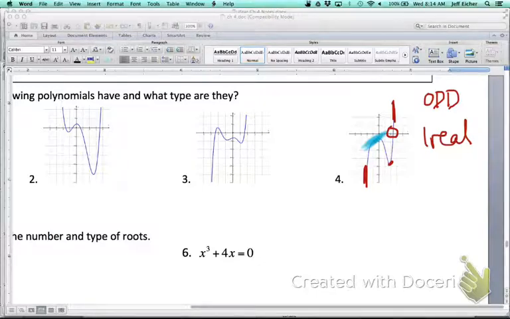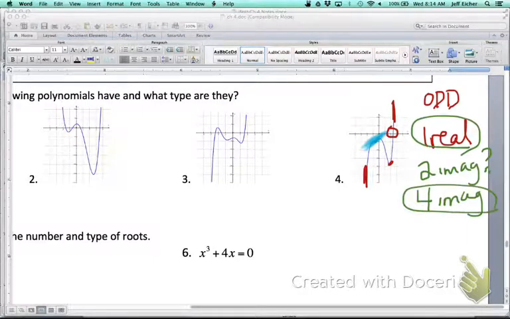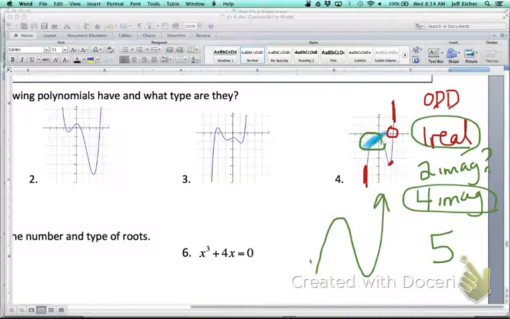So rather than saying 2 imaginary, maybe I'll do question mark. It might be a better guess to say there might be 4 imaginary solutions. So 1 real and 4 imaginary. This might be a degree 5 polynomial rather than a degree 3 polynomial. Again, mainly because of the weird stuff going on in there. If that weird stuff wasn't going on, if it was pretty smooth, just like this, then that would be a degree 3 polynomial.